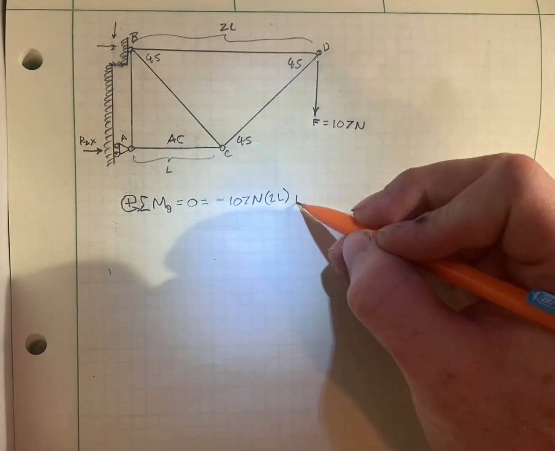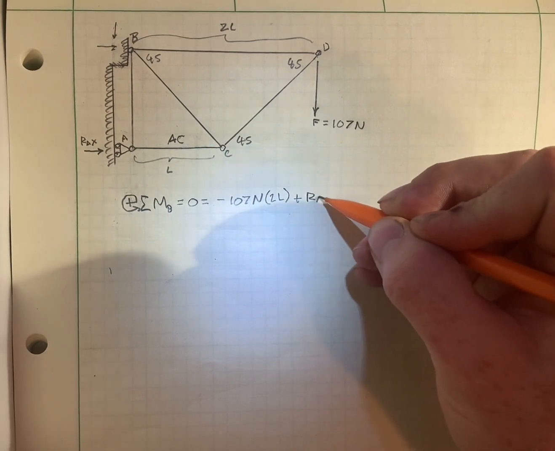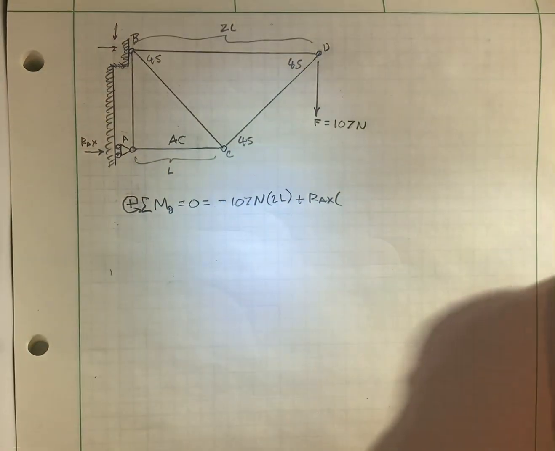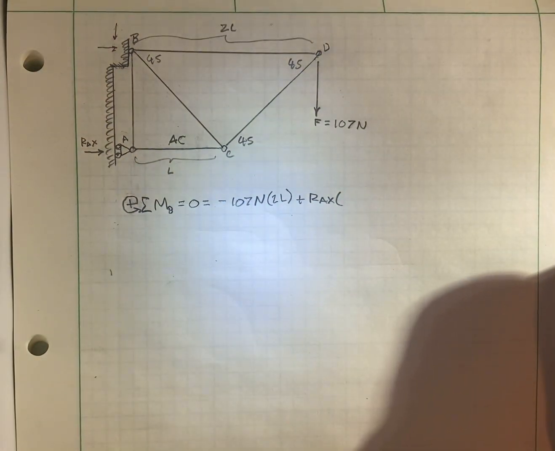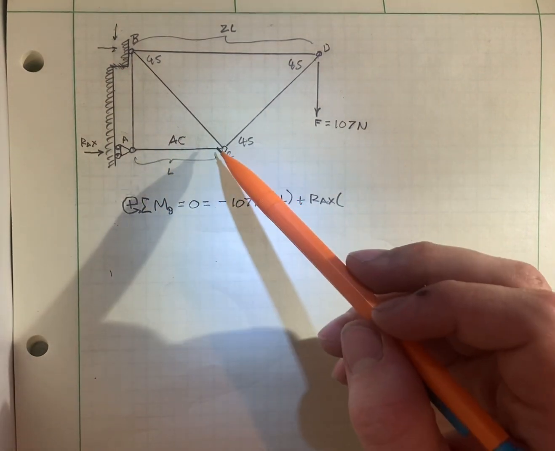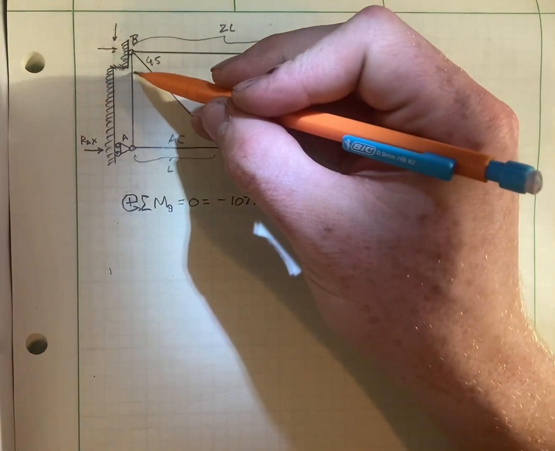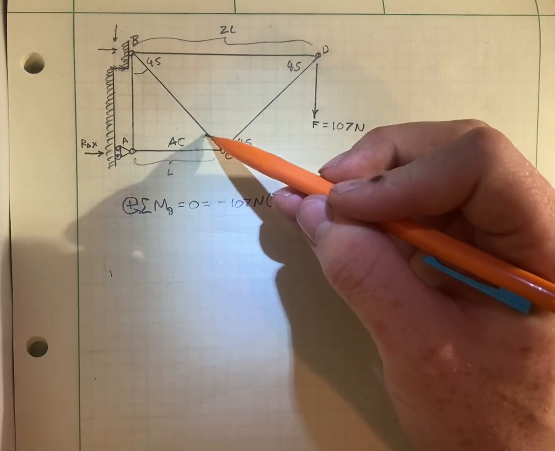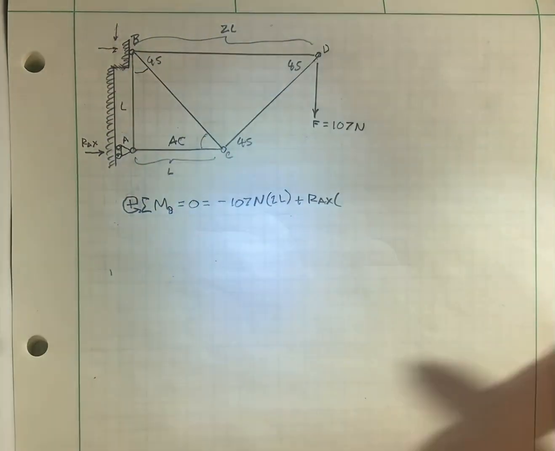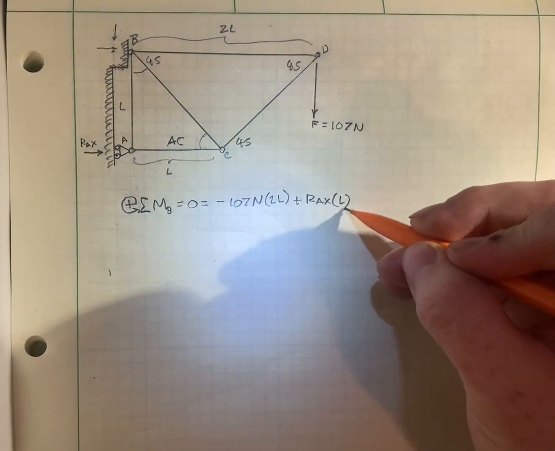So that's going to be positive RAX, and then how far away is it? That we don't know. So how do we find that out? Well, this is L, right? This is 45 degrees, so that means this is 45 degrees, which means that's 45 degrees, which means this is also L there. So it's L distance away.